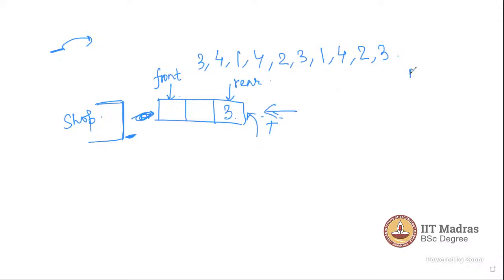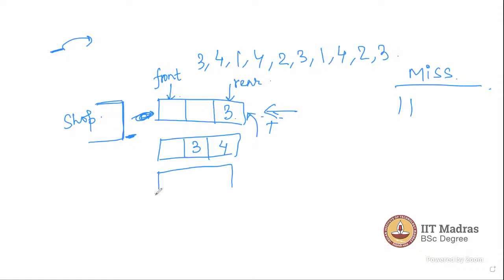So this you can say is a miss, right? So 1 miss is there. Next time 4 will come, so 2 misses.